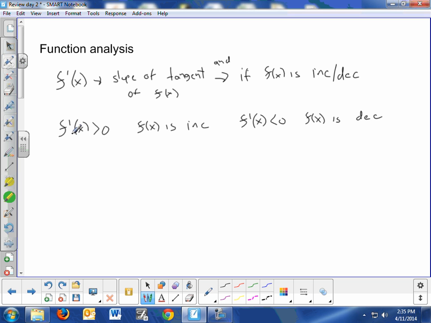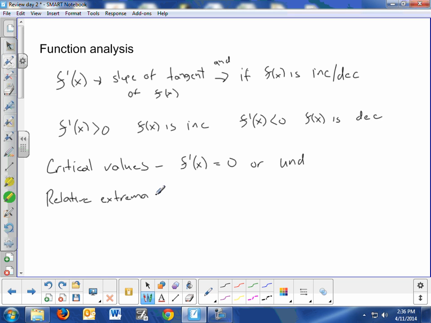Which brings us to our critical values and how we find extrema. Critical values are when f prime equals 0 or when it's undefined. Relative extrema are our relative maxes and mins.